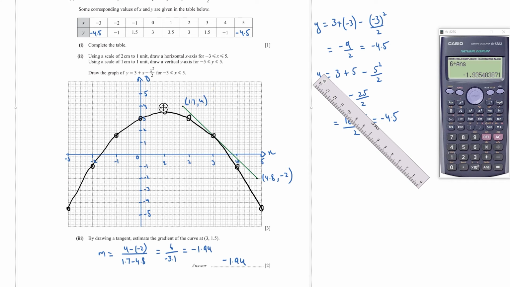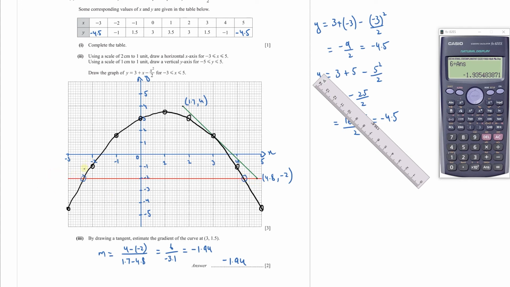Let's try from the other side. So this is your equation y equals to minus 2. Now it intersects the curve at these 2 points. So what are the x values?